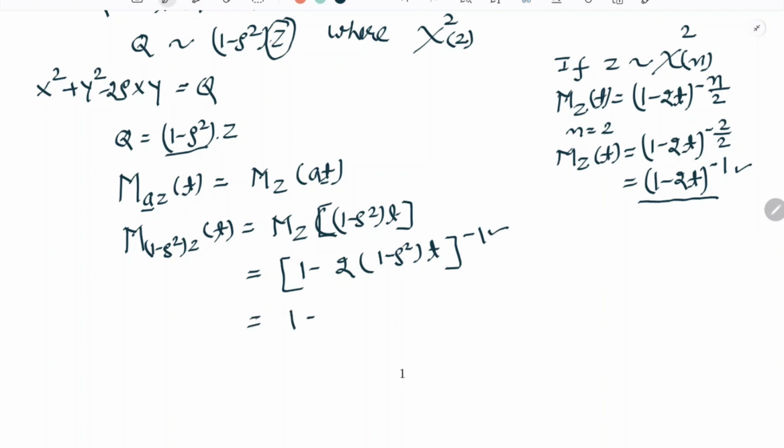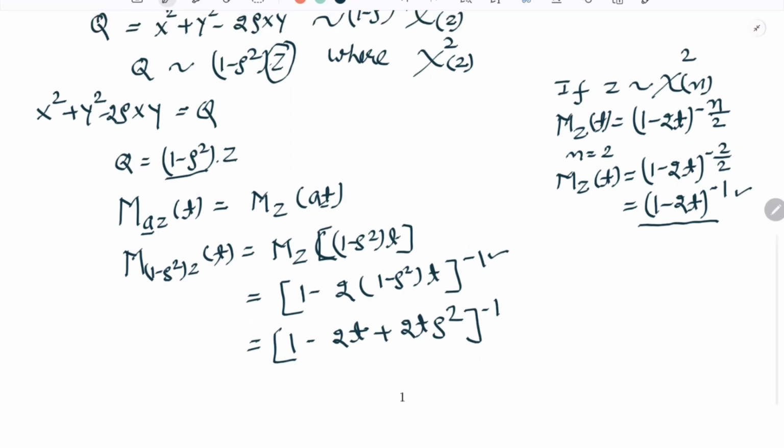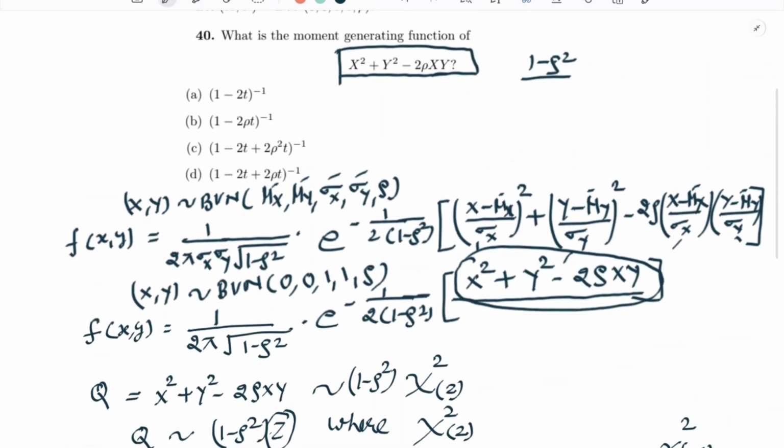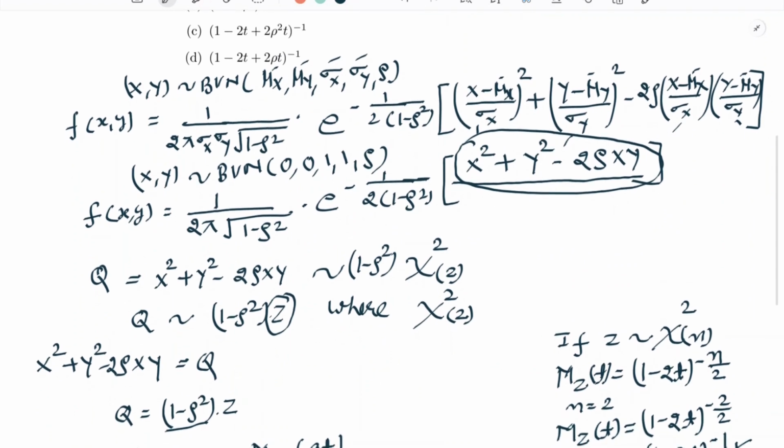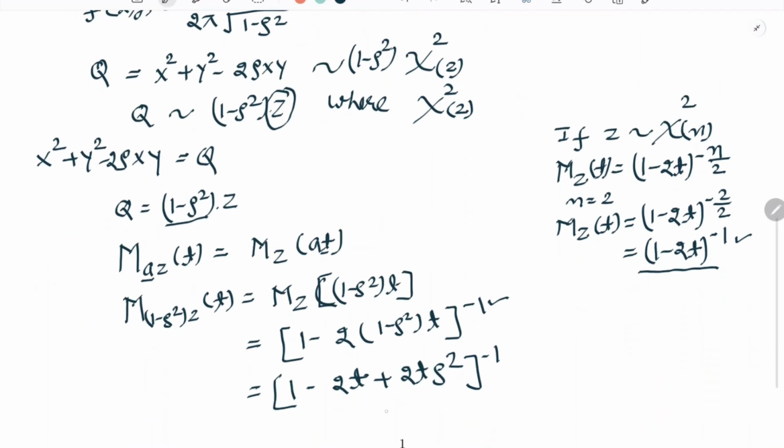We can write it as 1 minus 2t plus 2t rho square to the power minus 1. So option C will be correct.